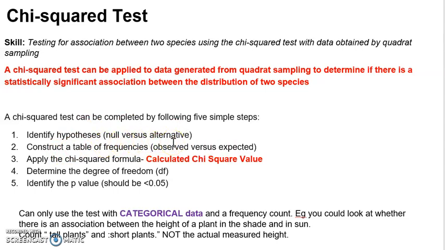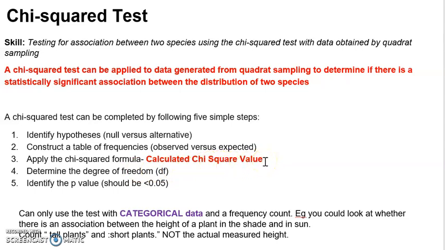Then what we've got to do is do our experiments. We're going to construct a table of frequencies, the number of observed organisms of species A versus species B, or the number of observed plants which are tall in the shade or short in the shade, etc. And then we're going to look at something called the expected values, which I'll explain in a moment. Then what we're going to do is apply a formula, and that formula will give us what we're going to refer to as the calculated chi-squared value.